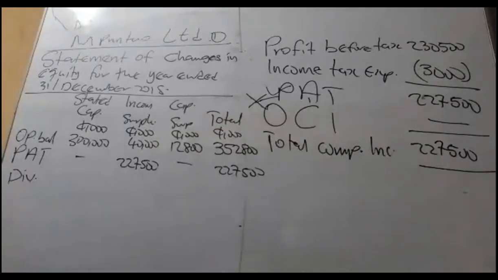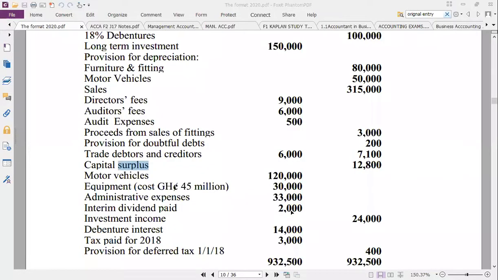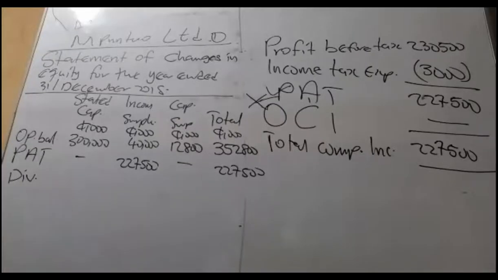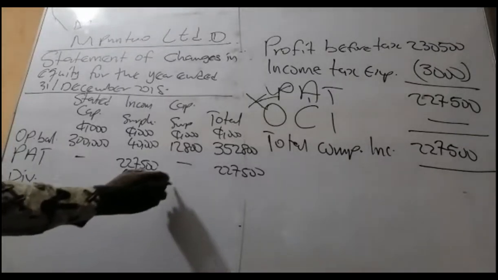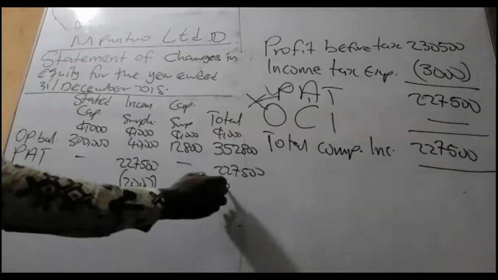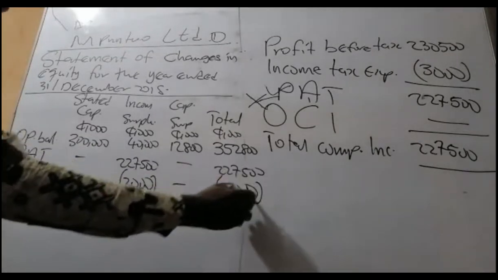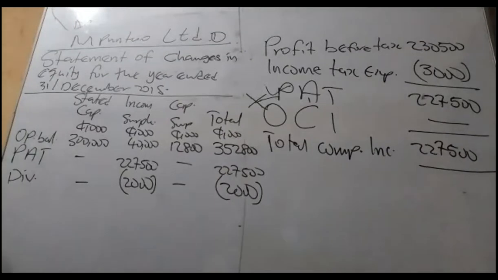Now the dividend. You paid an interim dividend of 2,000. So you record it here and you put it in brackets. Dash, dash. Put the same 2,000 here in brackets. Then that's all.